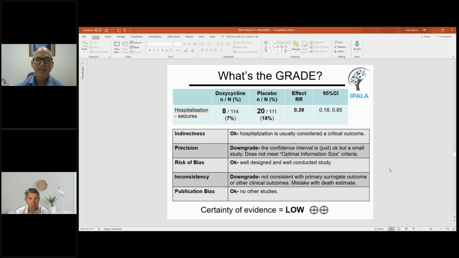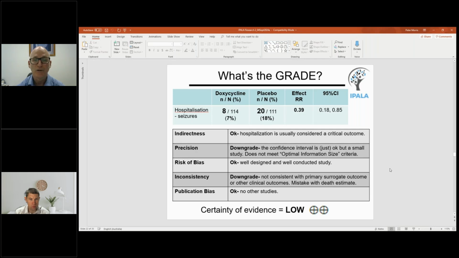There are no other studies of any interventions at all for this condition, so it's not possible to make any comments about publication bias. So overall, the certainty of evidence is low. You wouldn't end up making a strong recommendation for the intervention, but interestingly, I'm sure lots of families would be keen to try it because this is a devastating condition.